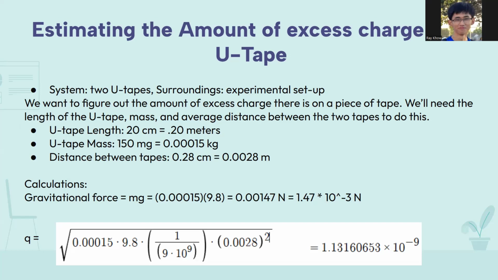The bottom U-tape is slowly brought up until the top U-tape is at an equilibrium, or basically it is staying still. The distance between the tapes is taken when the two tapes are still. With these measurements, we can put it into this formula here, which is to find the excess charge of the U-tape.